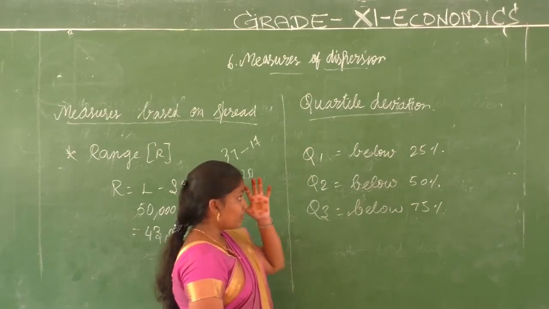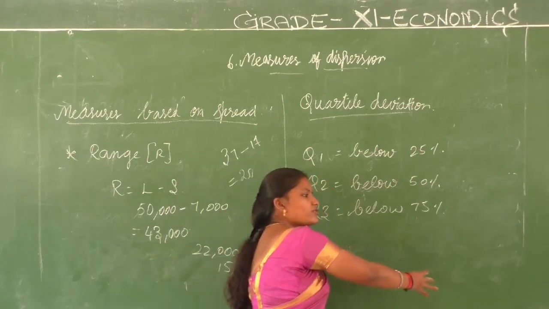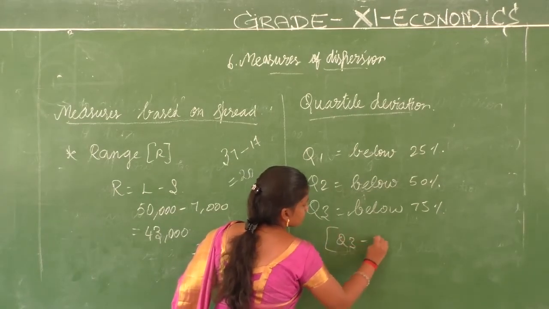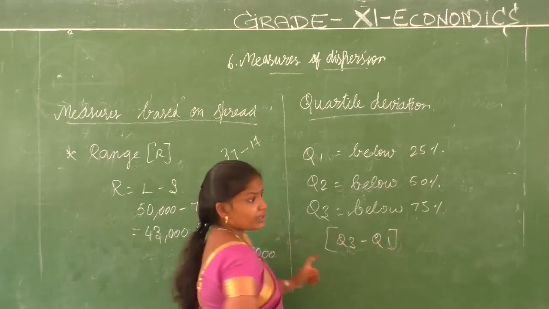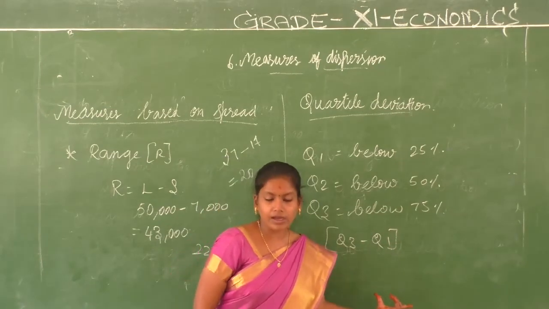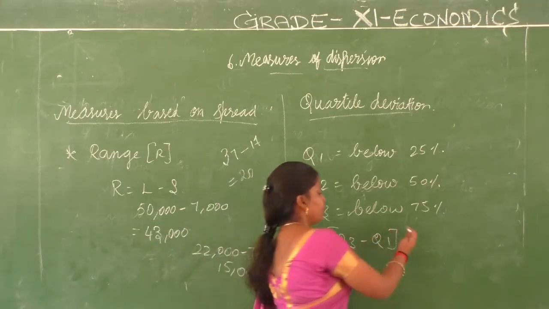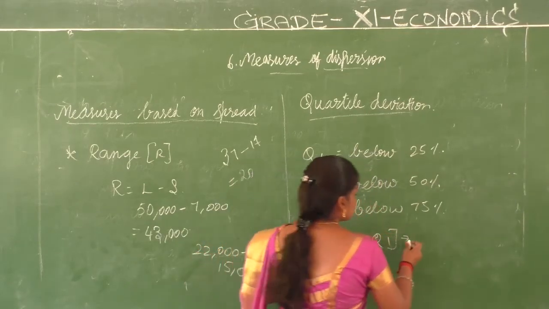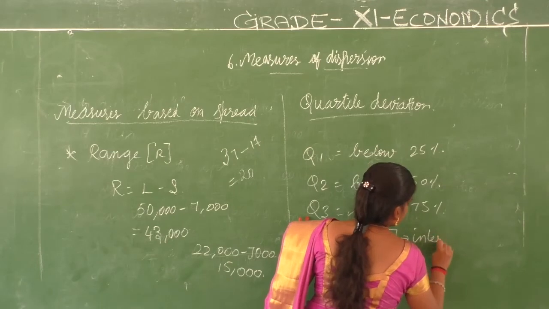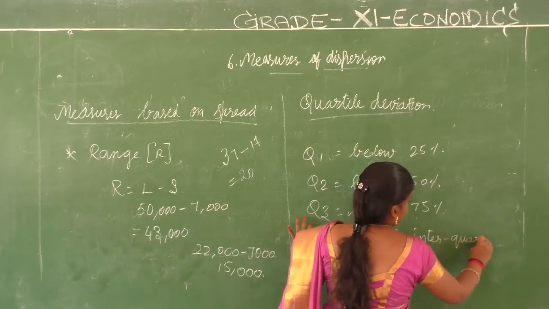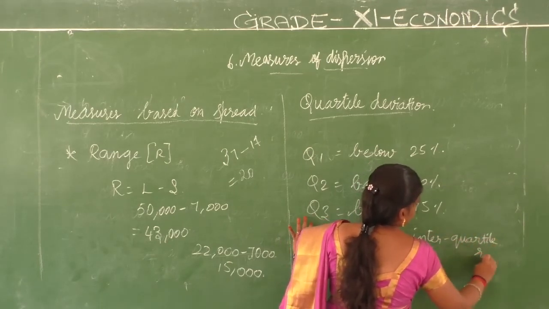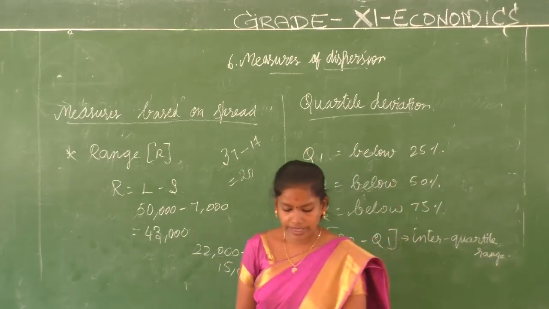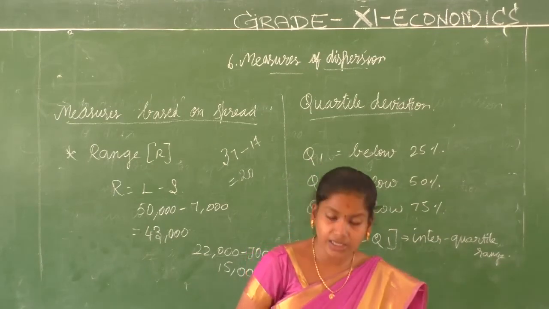Like that. Now if you see this, children, most of the values, the median values, lie between Q3 and Q1 only. About 50% of data will be here. And it is called the interquartile range.